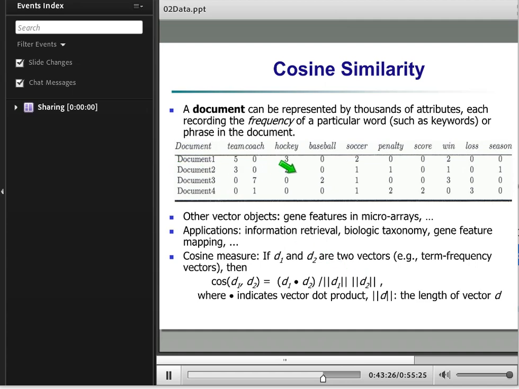What is a vector? Here, each row or record in this occurrence table is a vector. So in this example, I have 4 different vectors. So I can use Cosine similarity to define their similarity.